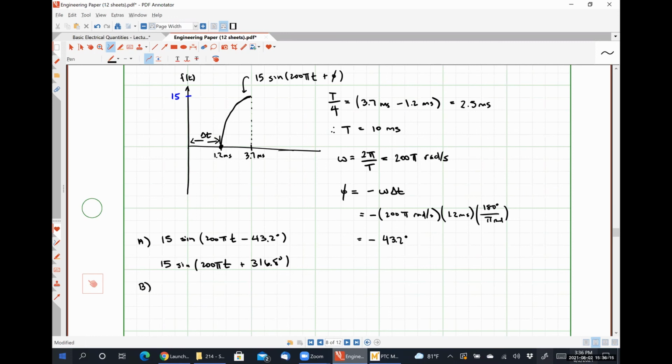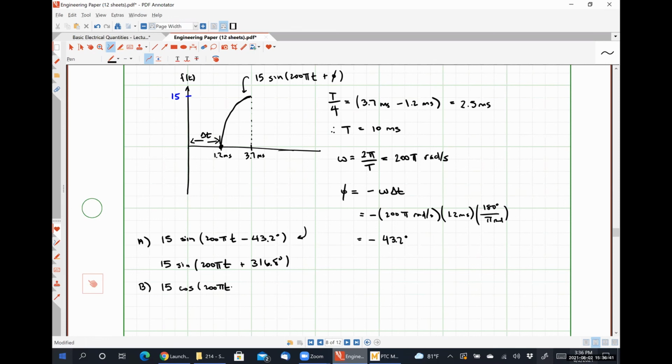Part B, we want to convert this to a cosine function where the magnitude of the angle is as small as possible. So what I would do is take this guy right here and convert it to a cosine. 15 cosine 200 pi t.